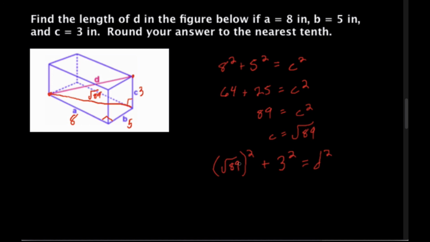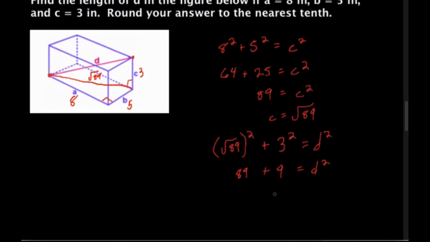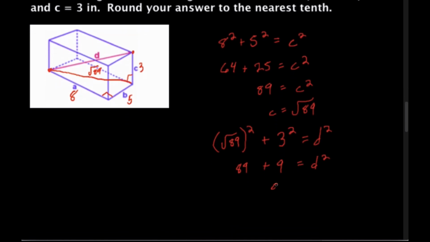Now, the square root of 89 squared would be 89 because those are inverse operations. 3 squared is 9, and that gives us D squared. Now 89 plus 9 is 98, equals D squared. And so taking the square root of both sides, we get D equals the square root of 98.